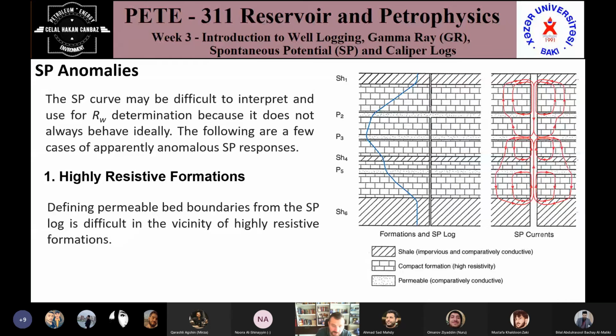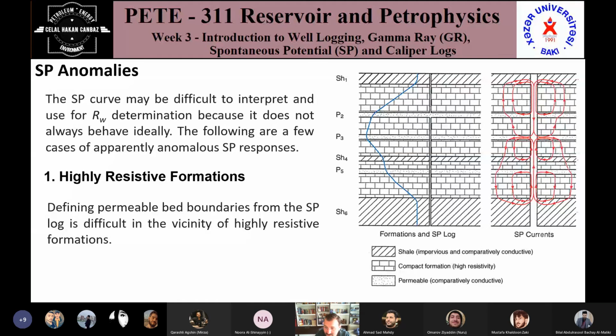One of them is high resistive formations. High resistive formations between some shales and permeable beds can significantly alter the distribution of the spontaneous potential currents and change the expected shape of the SP curve.